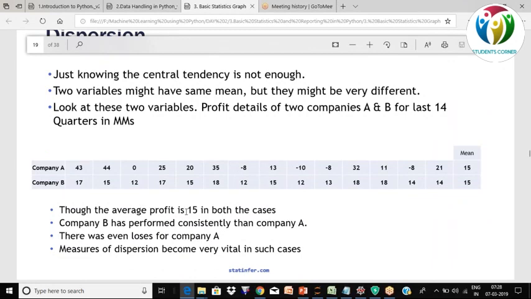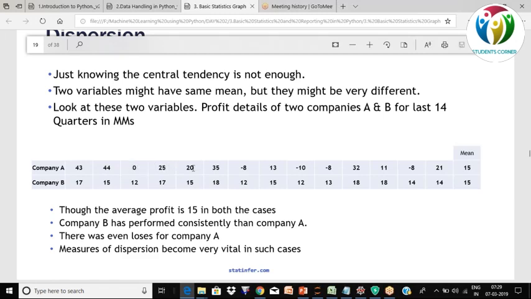Now, though the average profit is 15 in both the cases, company B has performed more consistently than company A. So let's say this is the profit and the stock price. When you see company A, there are a lot of ups and downs. 43, 44, then it suddenly crashed.